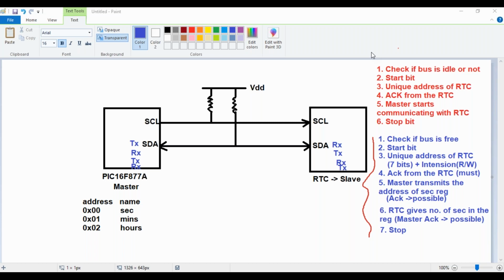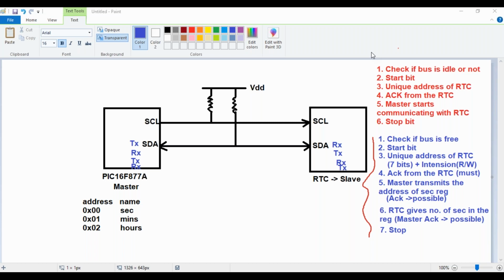If the acknowledgement is not received, there is no confirmation that the slave has received the address, and no confirmation that the slave is still active in the network. So we have to make sure the acknowledgement is received when the unique address of the slave is being transmitted.